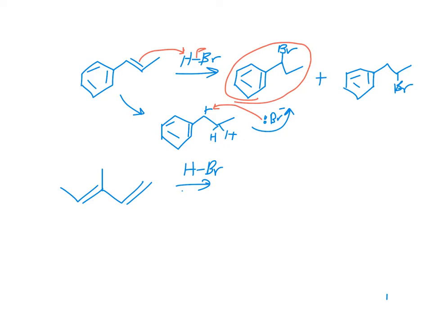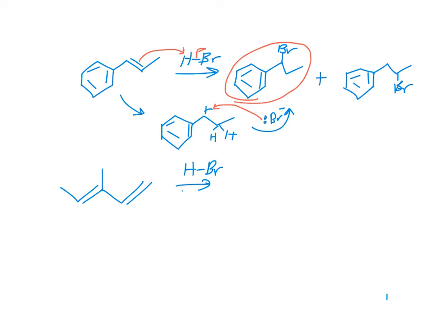Well, this one's a little tricky, but probably on the left. So the first thing is that we have 4 positions that we could protonate at, right? But I gave you a general rule that we're going to rule out 2 of those, right? So which 2 do we rule out? The middle ones.